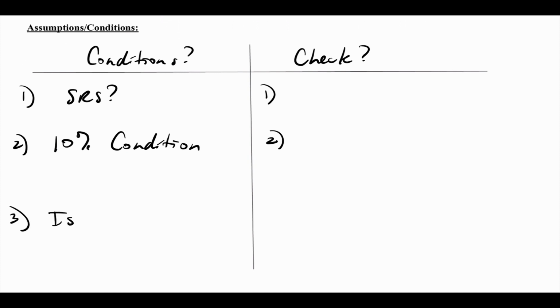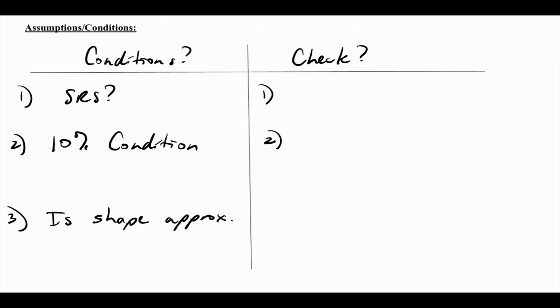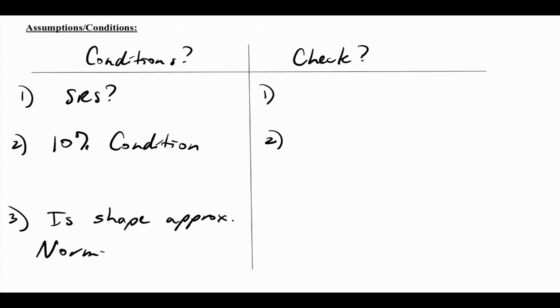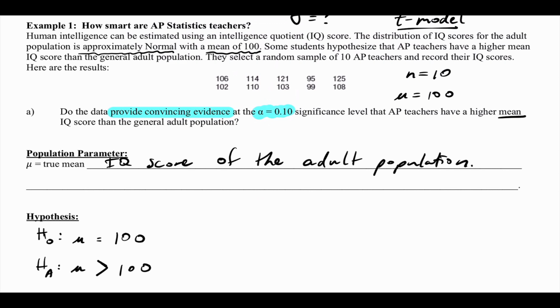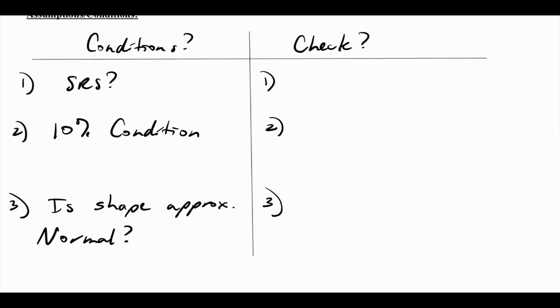And then is the shape approximately normal. Okay. So the sample, I believe we had a sample of 10. It said a random sample of 10 AP teachers. Okay. So stated.